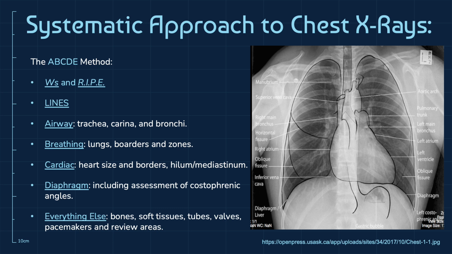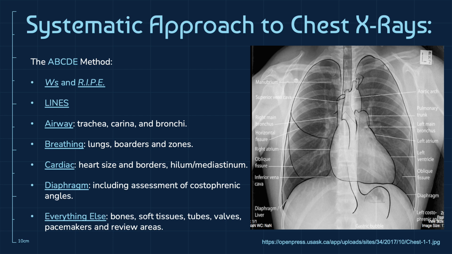And then after we've looked at the lines, now we can start with our ABCDEs. A stands for airway, which indicates the trachea, carina, and bronchi. B is for breathing, aka the lungs, its borders and its zones. C is for cardiac, where you look at the heart, its size, its borders, the hilum and mediastinum.